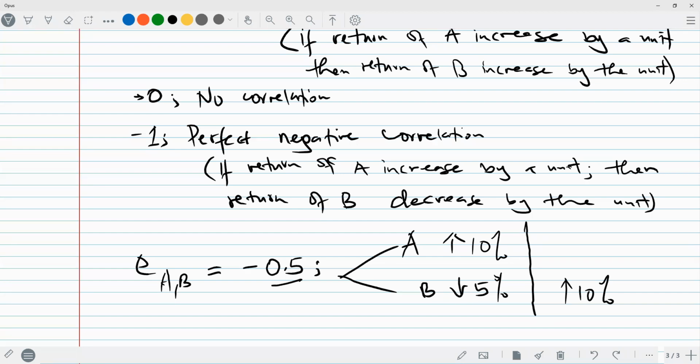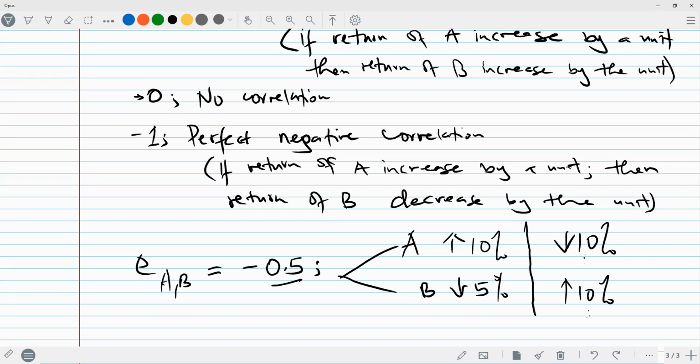It will reduce by 10%? That will only be the case if we have perfect negative correlation. This is not perfect, because this is 0.5.